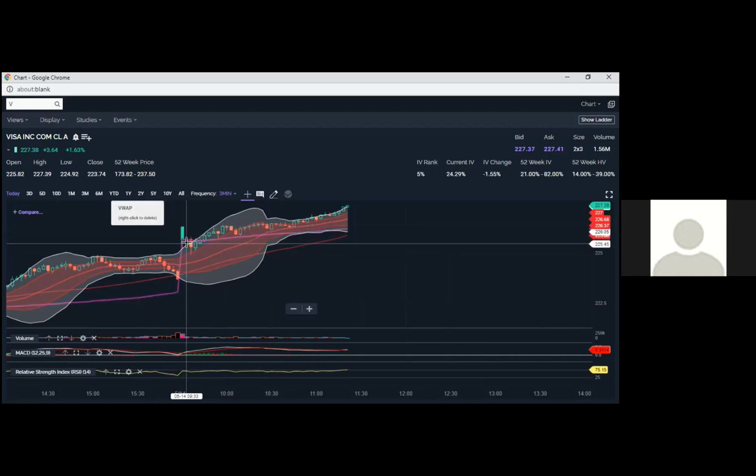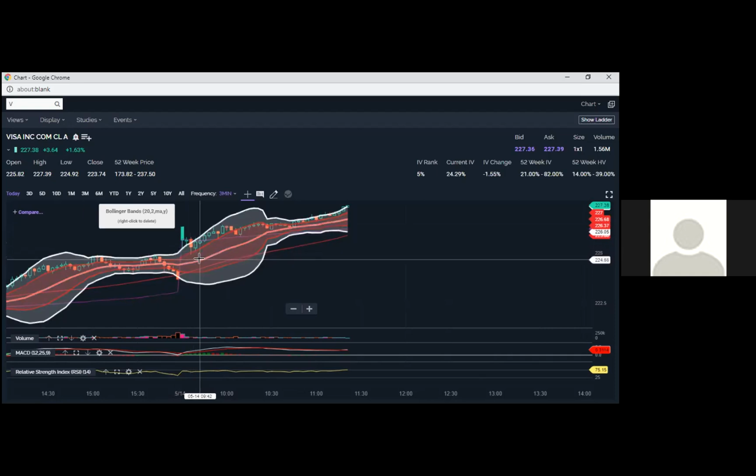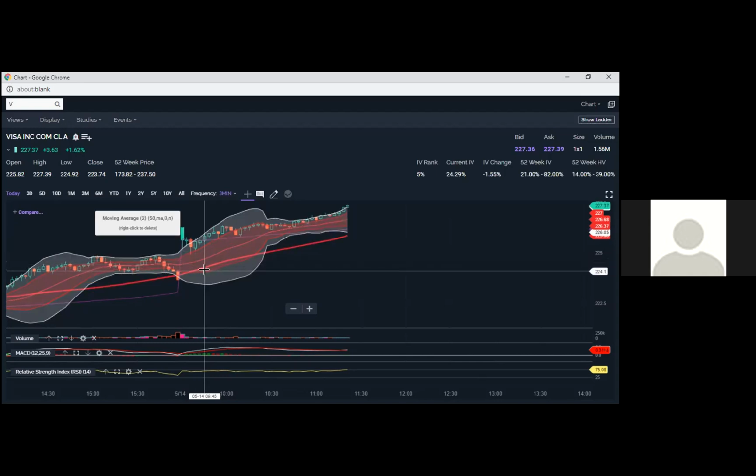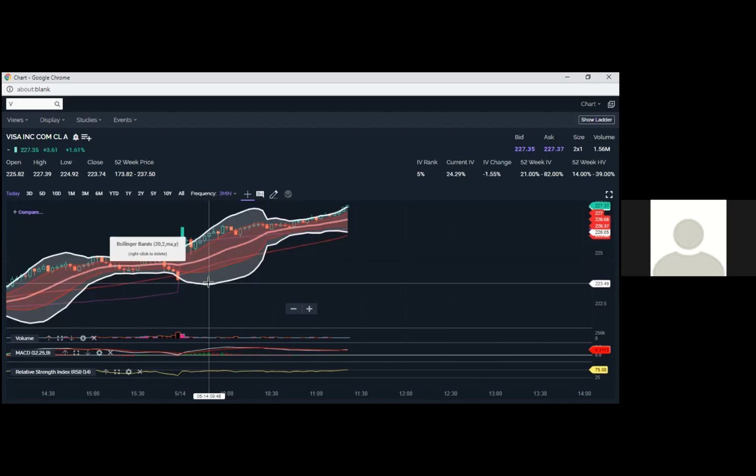My first level is the top of standard deviation number 1. If it breaks that, my next level is the mean of reversion. If it breaks that, my next level is the bottom of standard deviation number 1. If it breaks that, my next level is the bottom of the Bollinger Band, which is standard deviation 2.